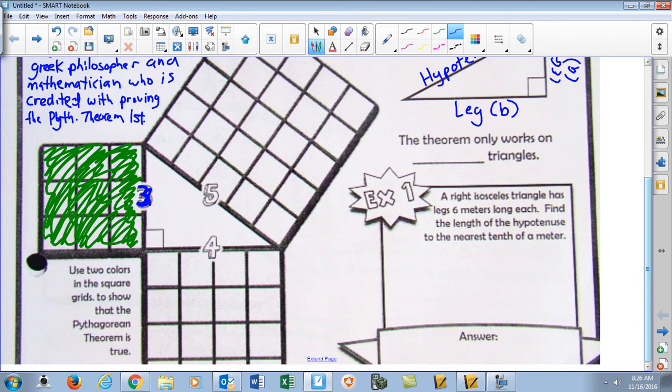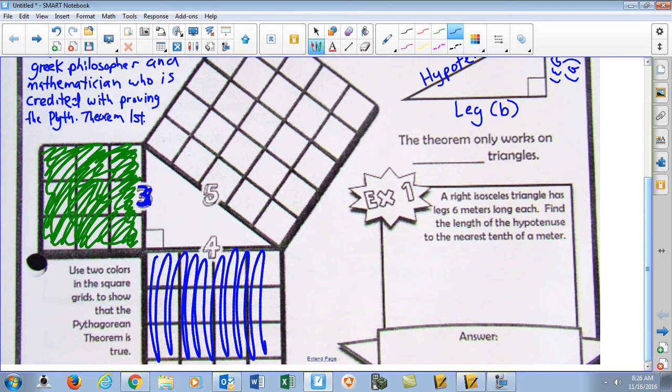As best I can, you see it gets cut off here, but I'm going to use a different color to shade in the 4, because on your note sheet you can see that there are 16 squares here. So that square has an area of 16, which makes the side length 4. Okay?